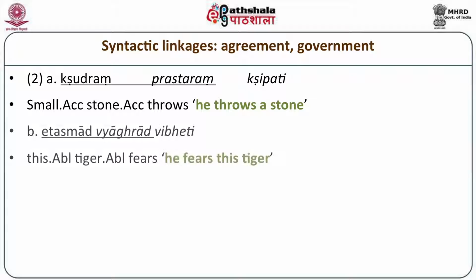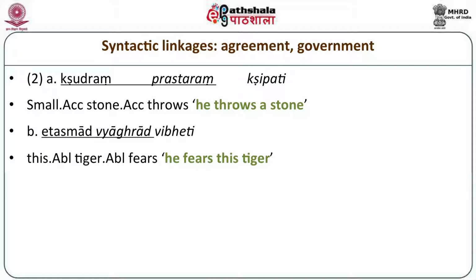My second example is he fears this tiger, which in Sanskrit comes out as etasmad vyagrad vibheti. Vibheti, he fears. Vyagrad, tiger in the ablative case. Etasmad, this in the ablative case. So the word this, which is a demonstrative, copies the ablative case from the noun.